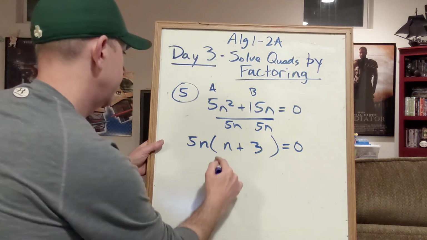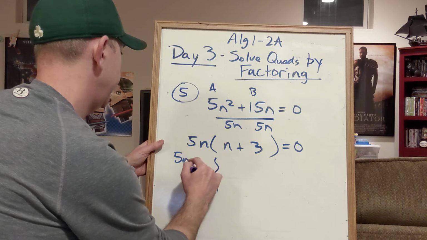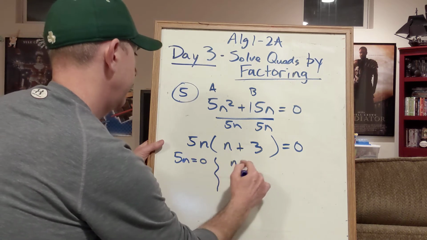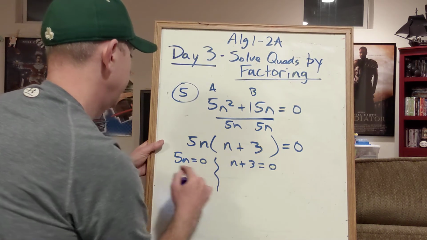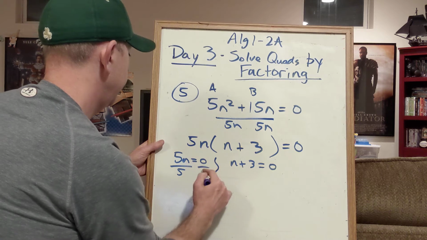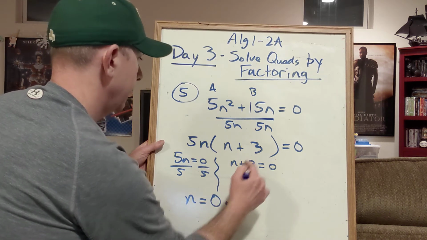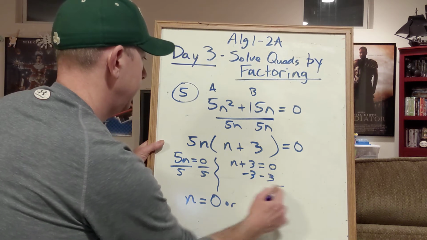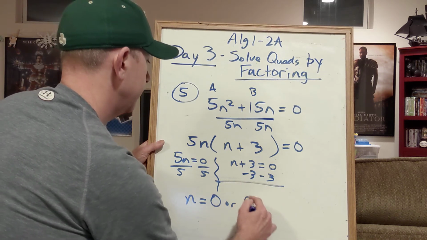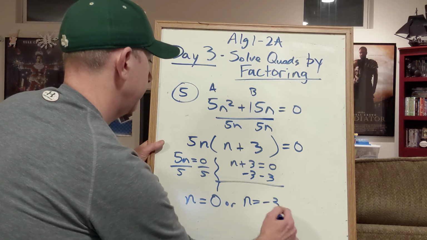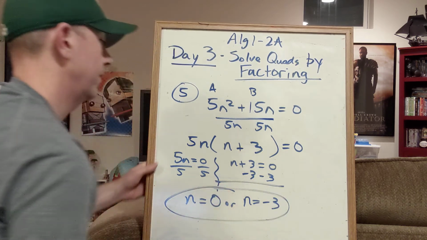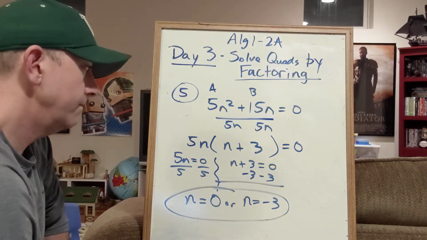So my solutions this time, just to show this all out, 5n equal to 0, and n plus 3 equal to 0. Here if I divide the 5, I just get n, so one answer could be 0, or this answer, if I subtract the 3, I get n equals negative 3. So there are my two solutions.